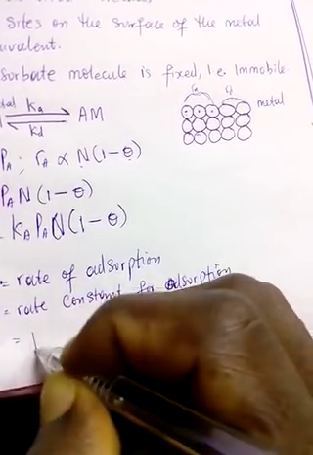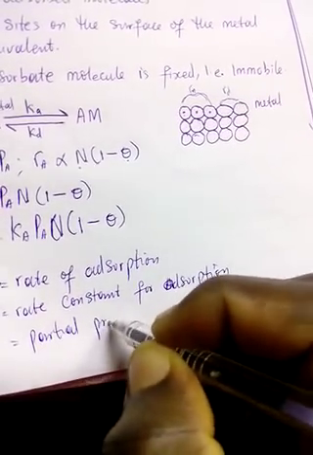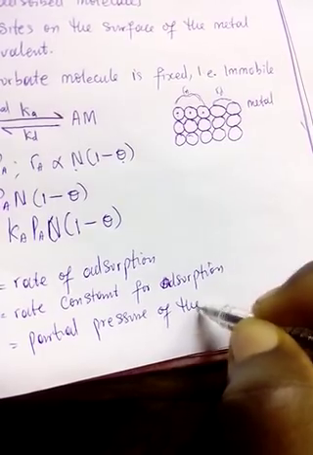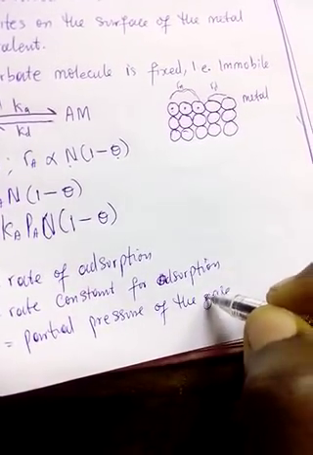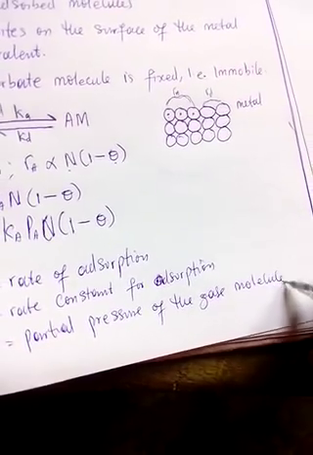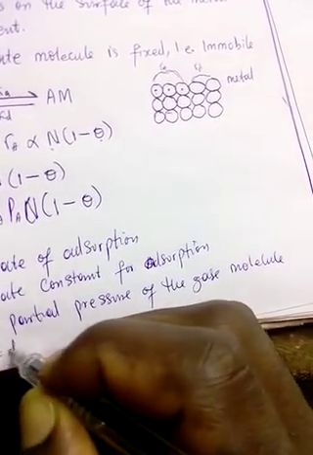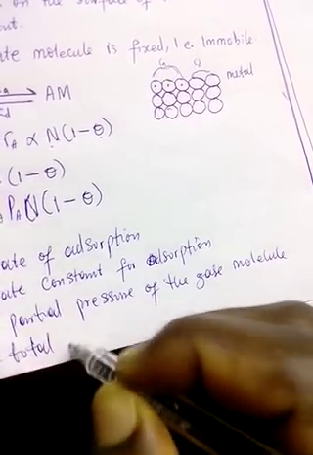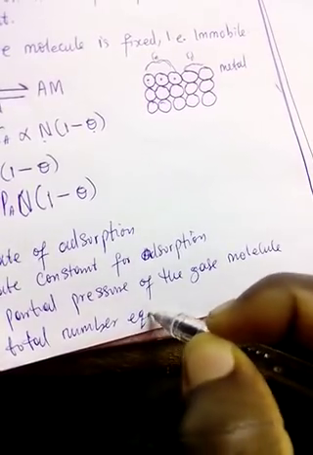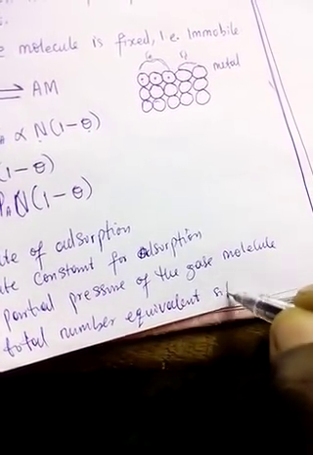PA, partial pressure of the gas molecule. N equals the total number of sites. I say total number of equivalent sites present.